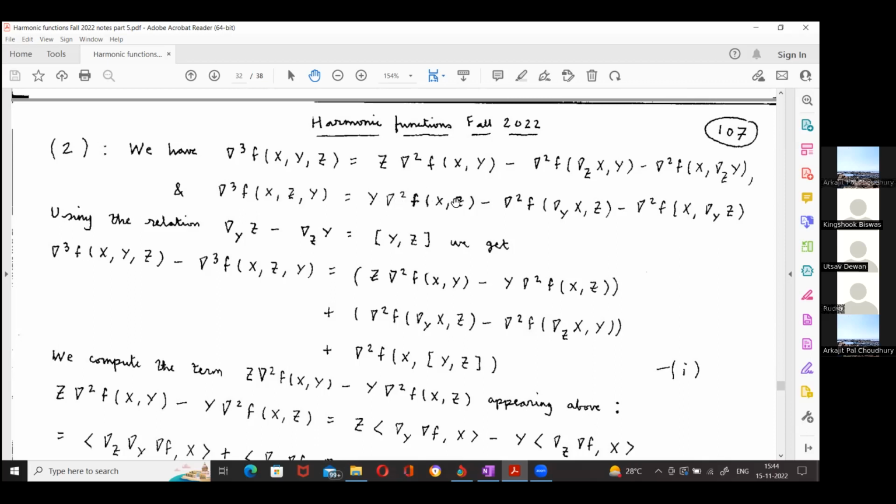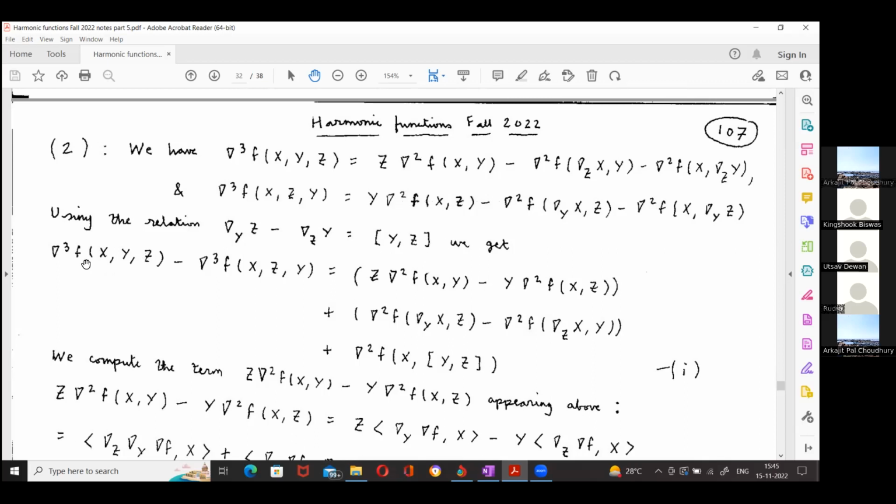That's going to be y acting on nabla squared f of x, z, minus nabla squared f of nabla_y x, z, minus nabla squared f of x, comma nabla_y z. Now we use the symmetry of the Levi-Civita connection. So we know that nabla_y z minus nabla_z y is equal to the bracket [y, z].